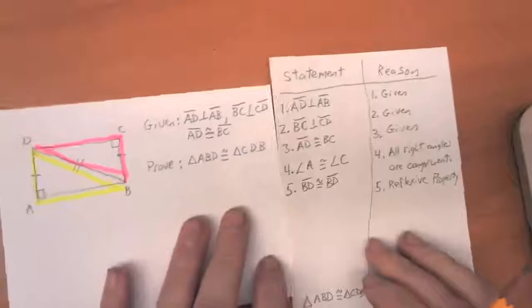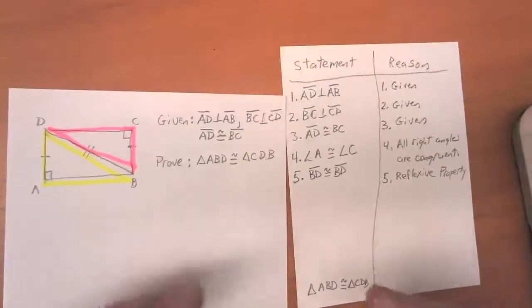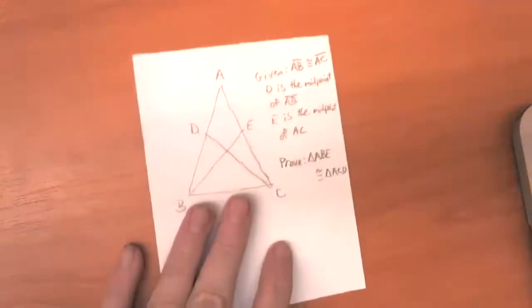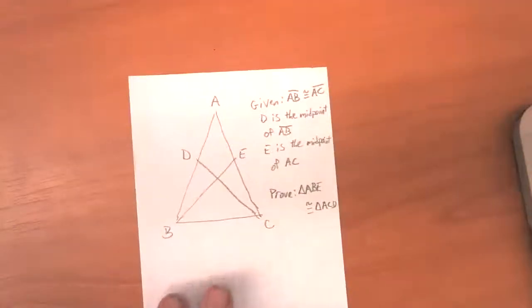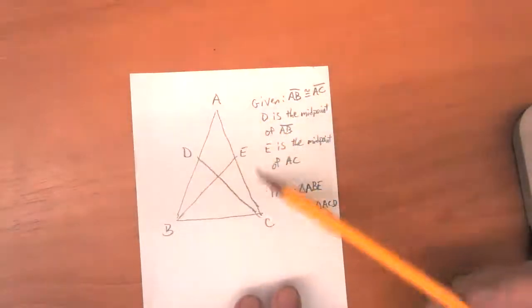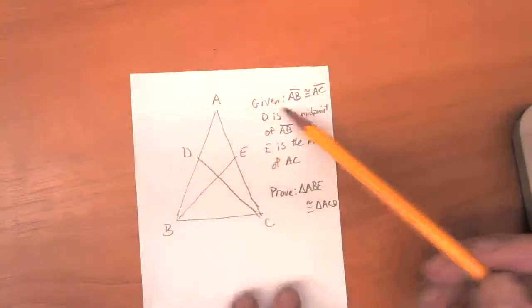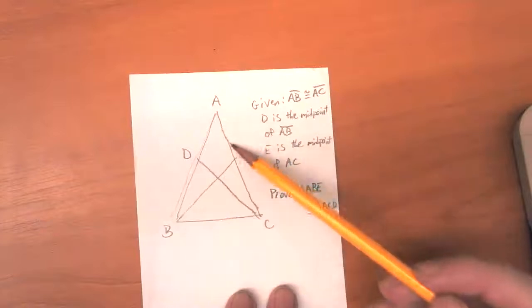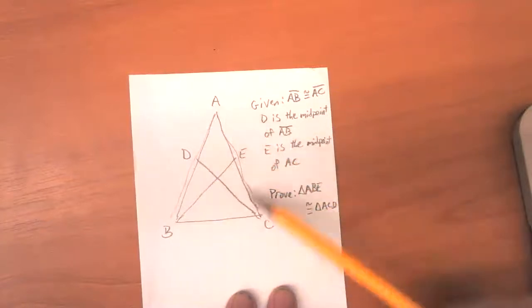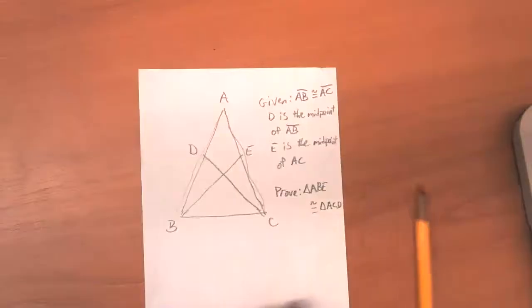We very rarely talk about two angles being congruent to each other by the reflexive property, but it can happen. Let me give you an example of this diagram right here. I'm not going to go into this proof in any detail, but I've got this triangle and I'm given that this side is congruent to this side and that D is the midpoint of this side and E is the midpoint of this side. And I want to prove, once again, I'm getting out my highlighters.